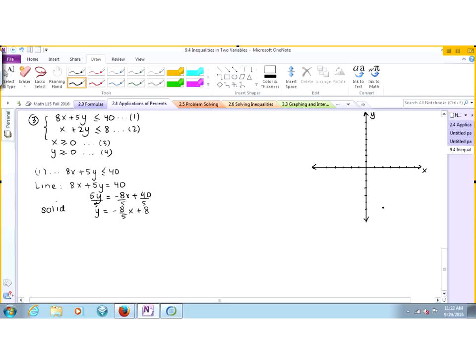Okay. So let's start with 8. What is the slope? Negative 8 over 5 and 0, 8. Okay. So 0, 8 is right here.